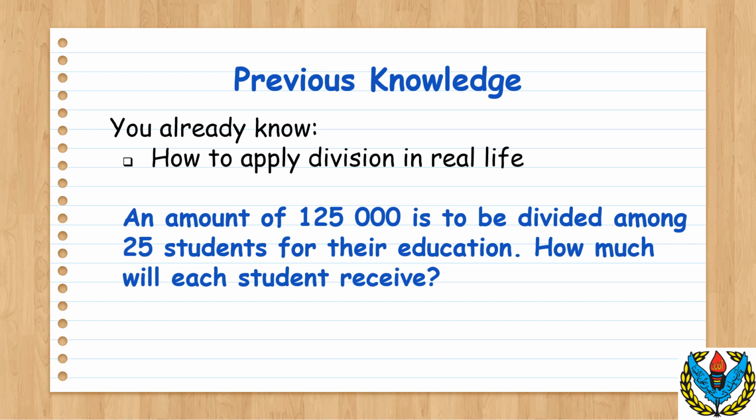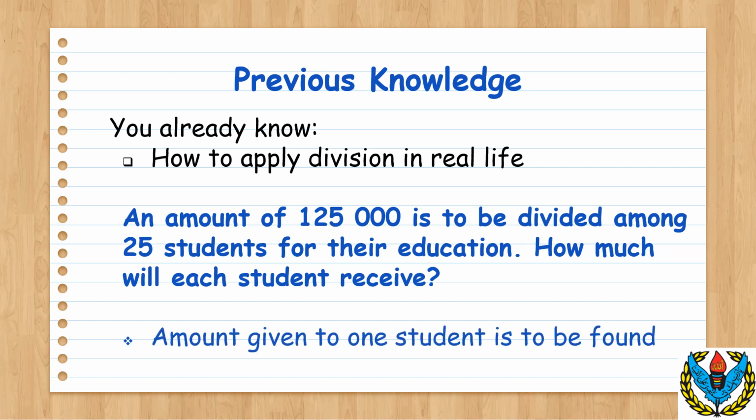When a large amount is to be divided and you have to find out the value of a single unit, the value of one entity, you have to find out the amount given to one student. So we divide these two numbers. Got it?